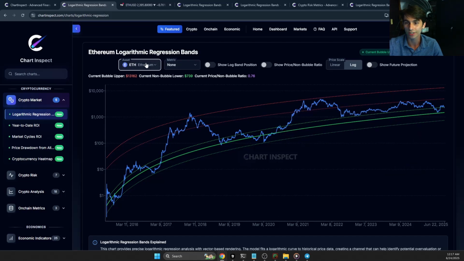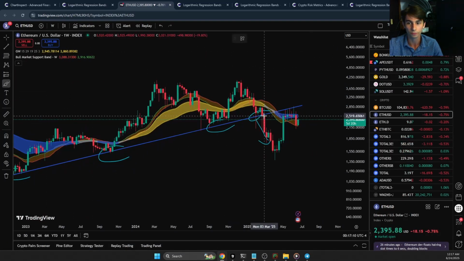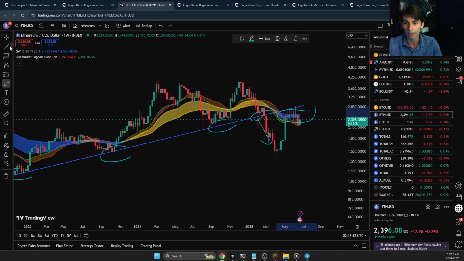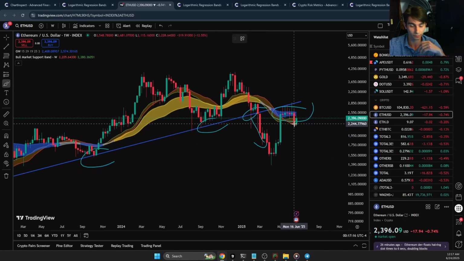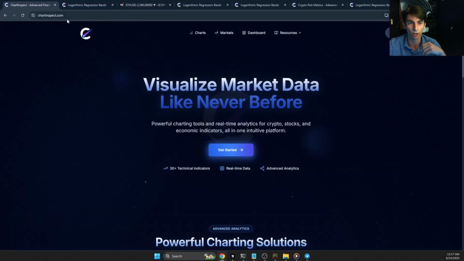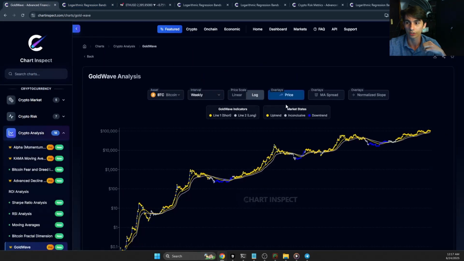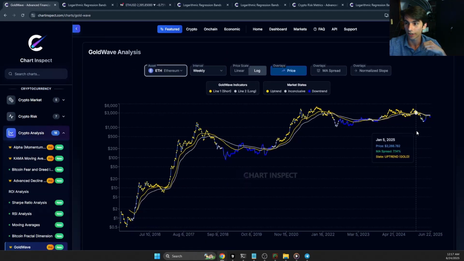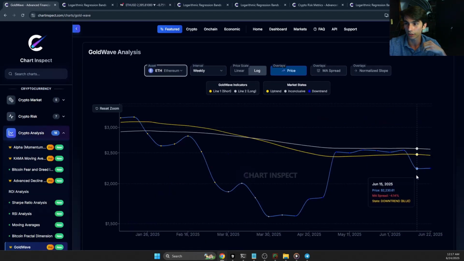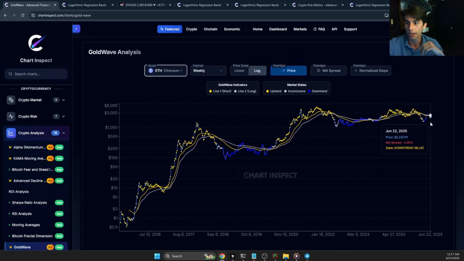And as you can see, it's now actually rejecting off of that level right there, and that corresponds to the SMMA here, which is the gold wave. It's also on the website over here. So if we look at the gold wave for Ethereum, we can see that it's gone below that level as well, and is still below that level, and is rejecting off of it right now.